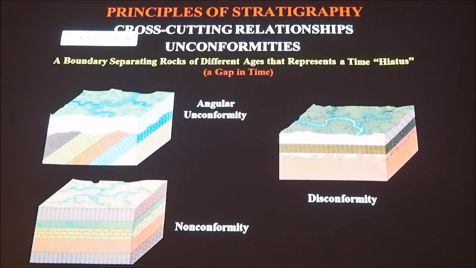But an unconformity says, uh-oh, there's a break in the succession. Something happened that there's a layer of rock missing. That's an unconformity. So it means not only is there a rock unit missing, but it also means that the time for that rock unit is missing also.